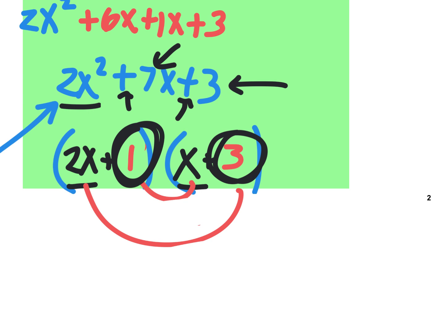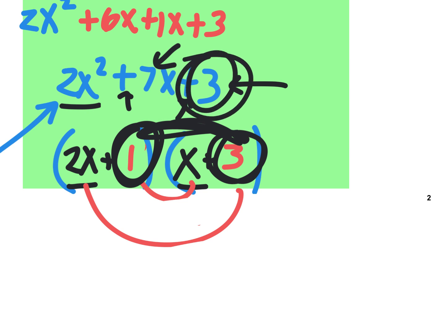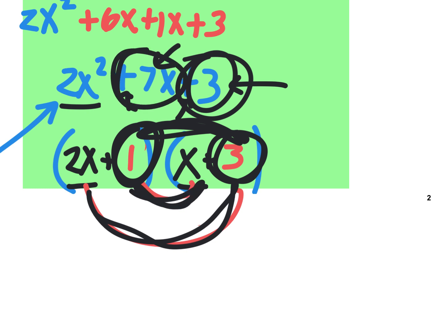But multiply to this and add to that doesn't work anymore. But what part does still work? These 2 multiply to that. And that still is true. But the outside and the inside make the middle. That's still true.